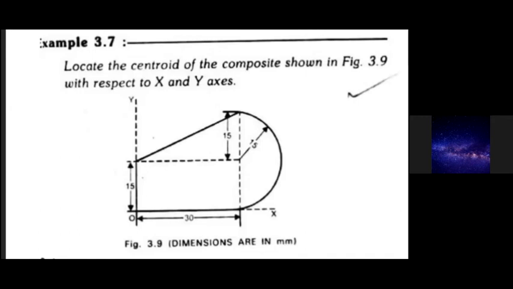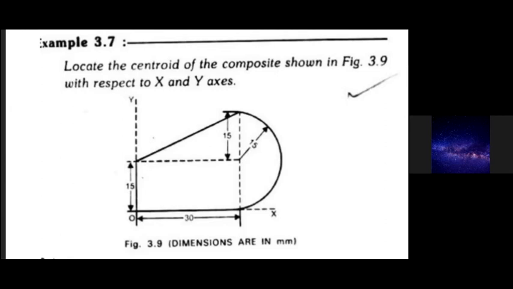The total area of this composite section is the sum of the rectangle plus the triangle plus the semicircle. In the previous one, we subtracted the semicircle from the rectangle, because in that rectangular section a semicircular hole was there.